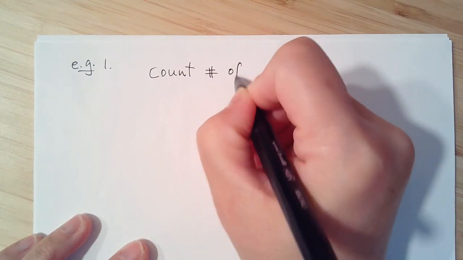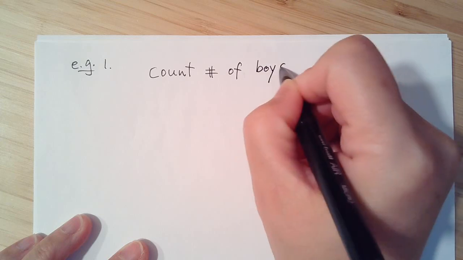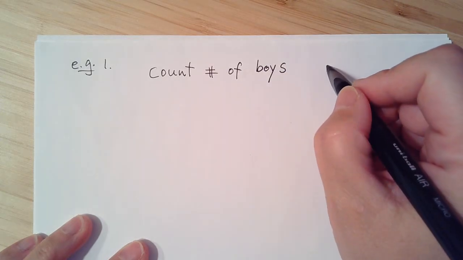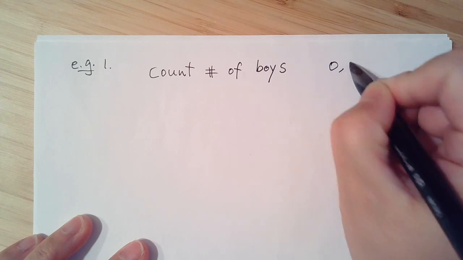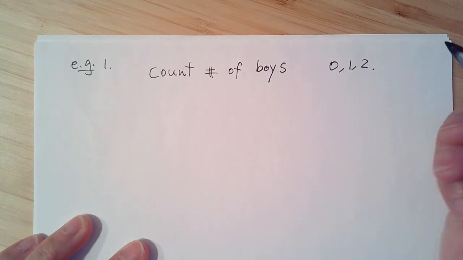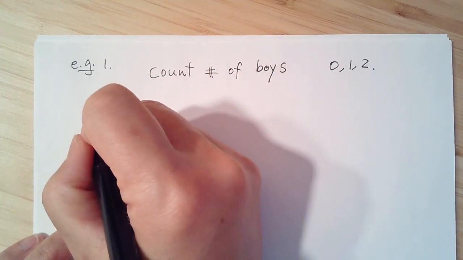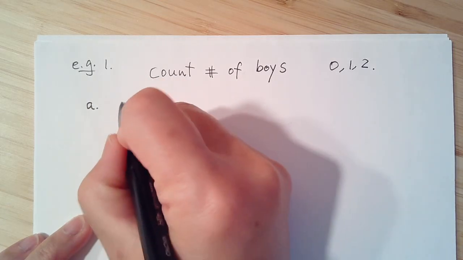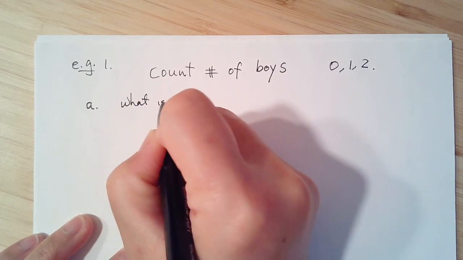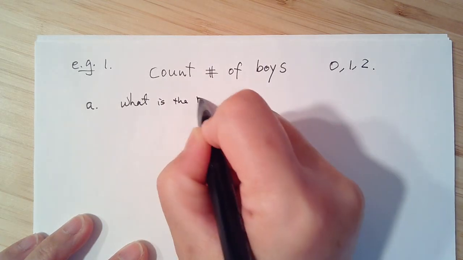If a family has 2 children, how many boys are possible? Could be 0, could be 1, could be 2, right? Now, first question. What is the random variable?